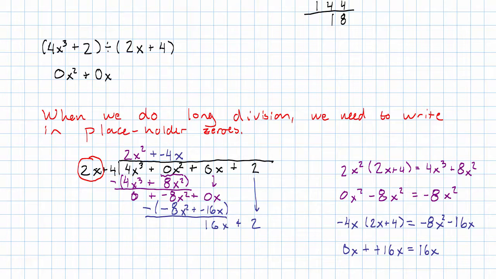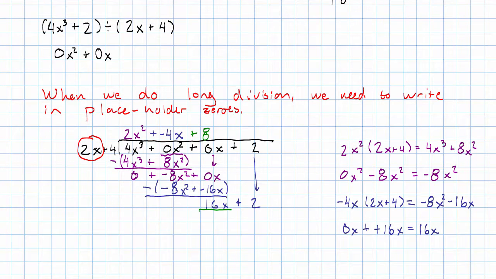One more round of division. 2x goes into 16x. Well, 16 divided by 2 is 8. X divided by x is just 1. I don't have to write that out. So I've got 8 times 2x plus 4. That'll be 16x plus 32.